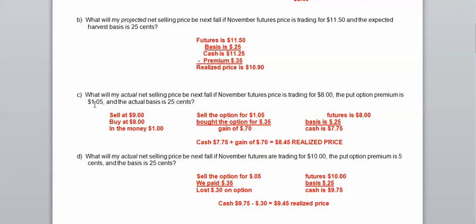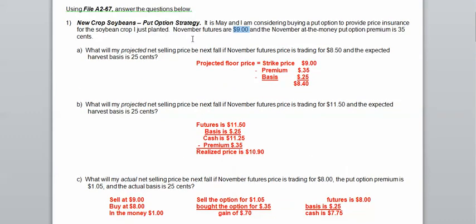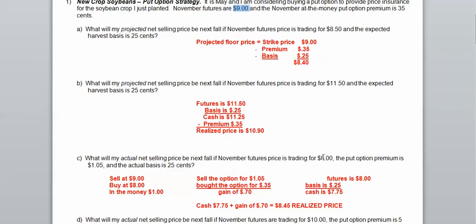So look at this example and see what is my actual net selling price next fall if futures price is trading at not $8. Remember now, we have a strike price of $9. So this option was $1 in the money. We can sell at 9. The open market is 8.